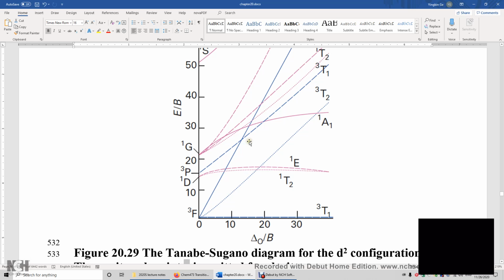All right, that's how we use the Tanabe-Sugano diagram to make predictions of the UV vis spectra of the D2 transition metal complex. Okay, using this diagram.